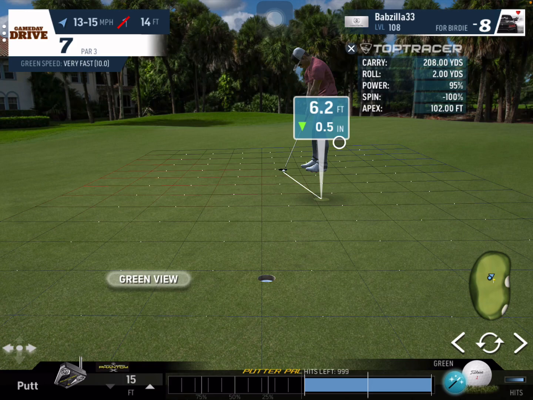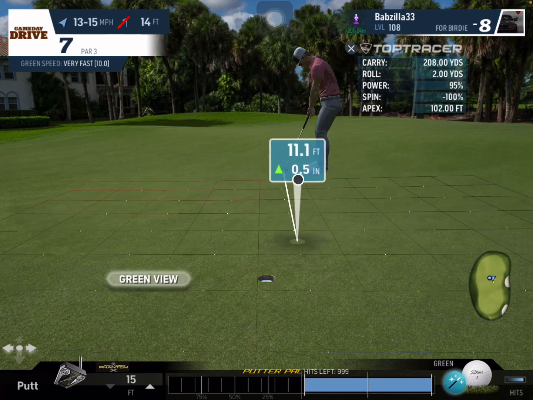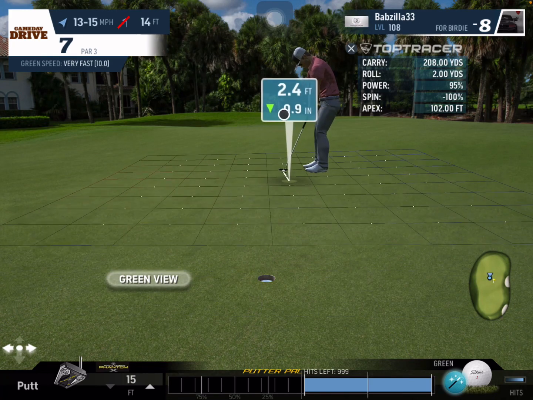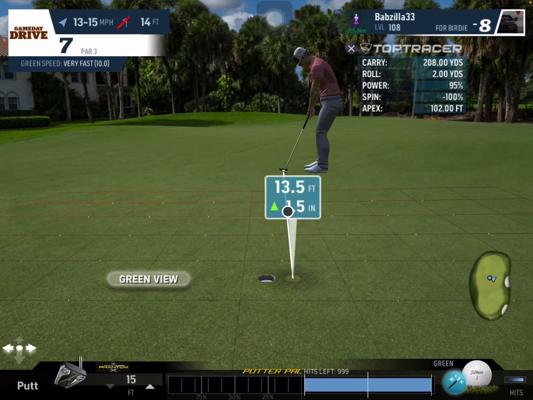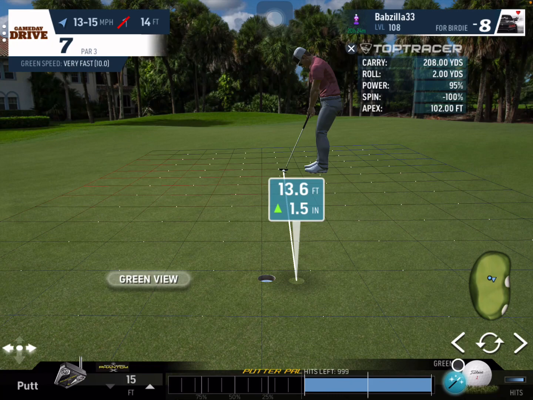I keep that in mind whenever I want to calculate this. I take into consideration that these dots are moving quicker off the club face, so that's going to have an effect, but then it's going to slow down here towards the end of the putt. So I need to try and blend the two dots together if possible. And of course you're starting the putt downhill and then you're coming uphill, so that's another factor to keep in mind whenever making a putt like this.